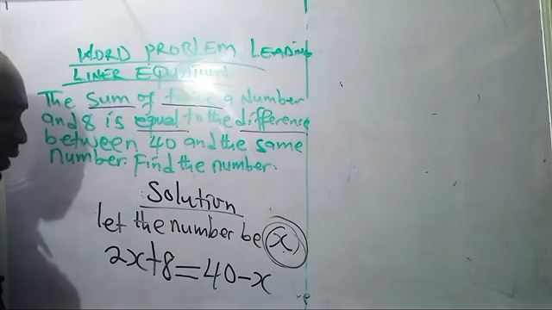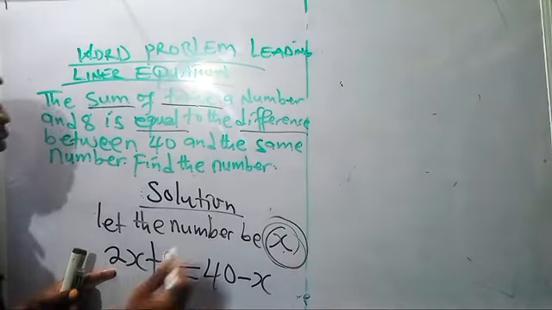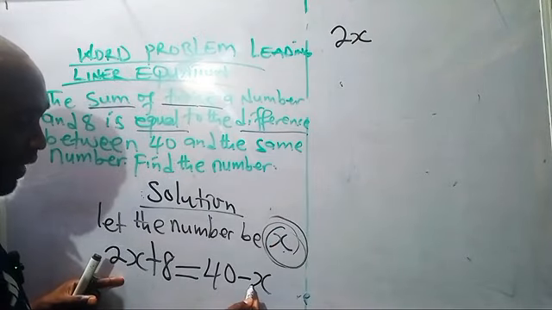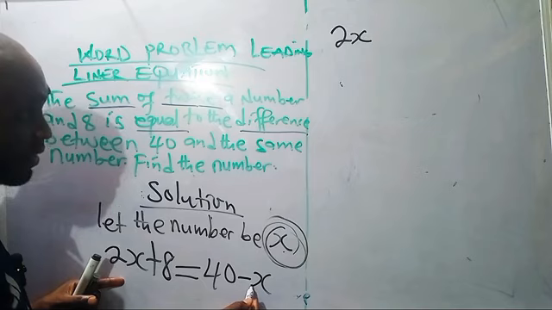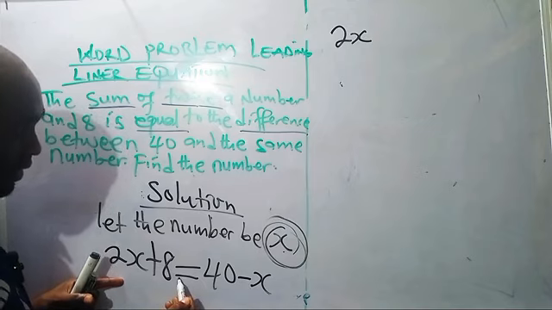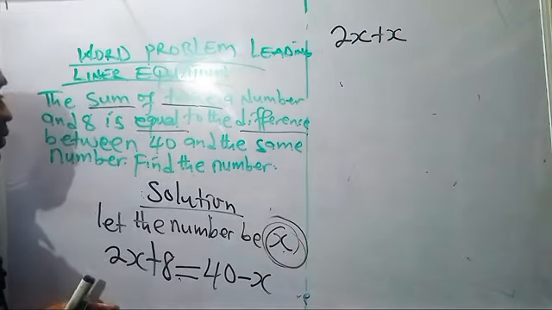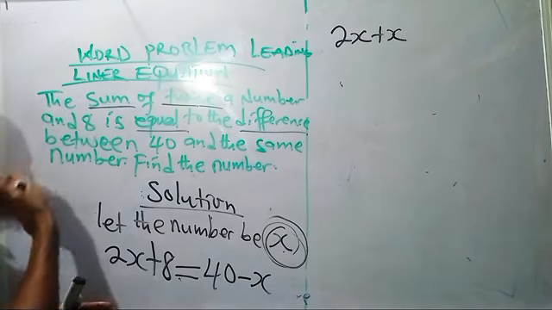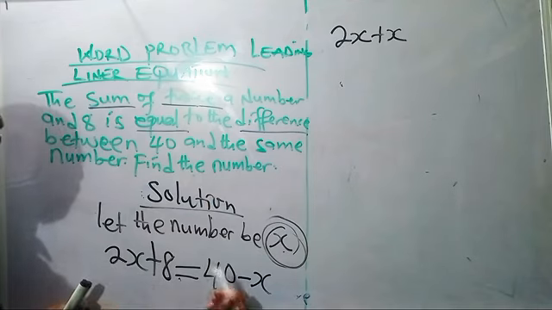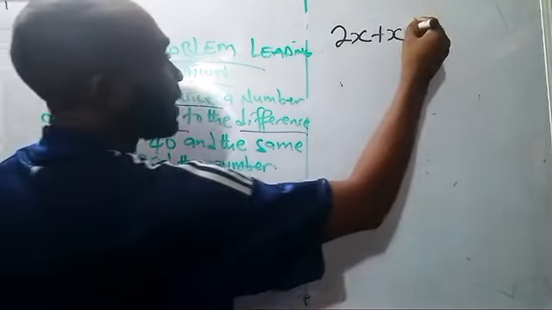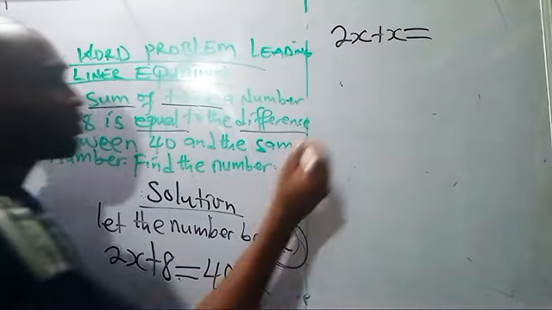So in doing that, I'll first write 2x. Then moving this minus x, crossing this equal sign, it will change to plus x. Whenever you take a sign to the other side, the sign reverses. If it was plus, it reverses to minus. If it is minus, it reverses to plus. Now to the right hand side, I introduce my equal sign.